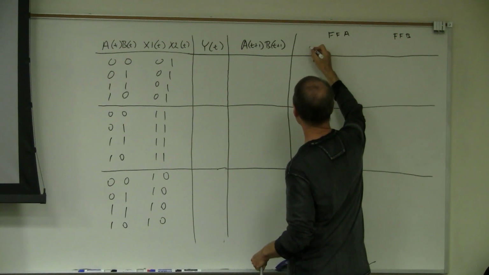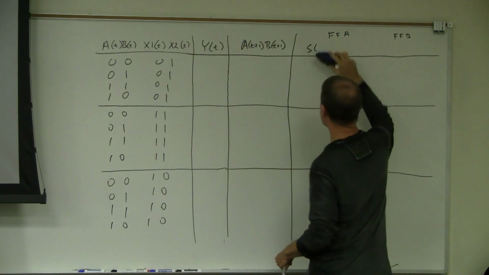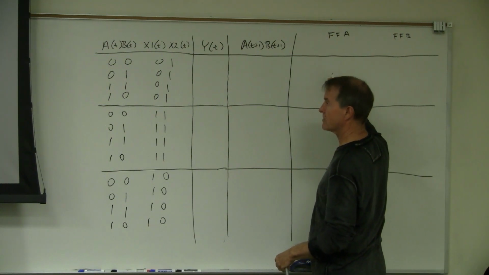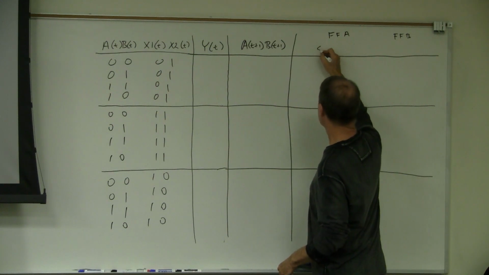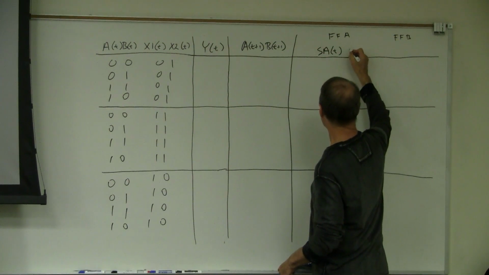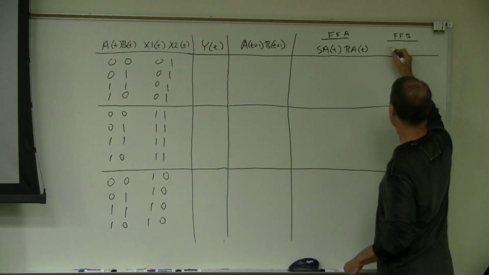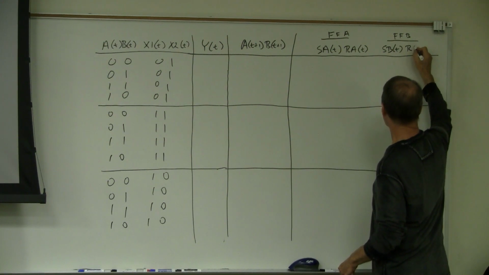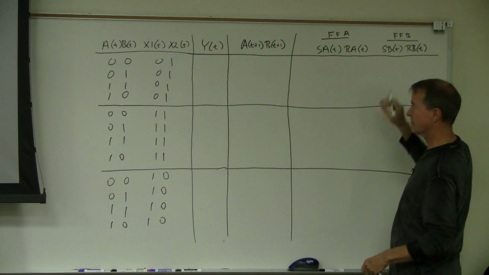This is the S input of the A flip-flop, so let's call that SA. So we have SA at time t, RA at time t, and then for flip-flop B, we'll have SB at time t and RB at time t. And that's going to be desired.